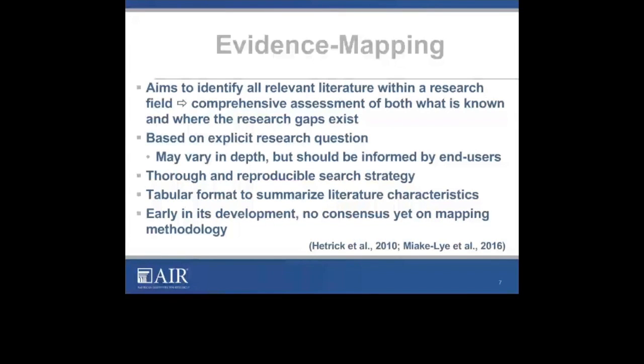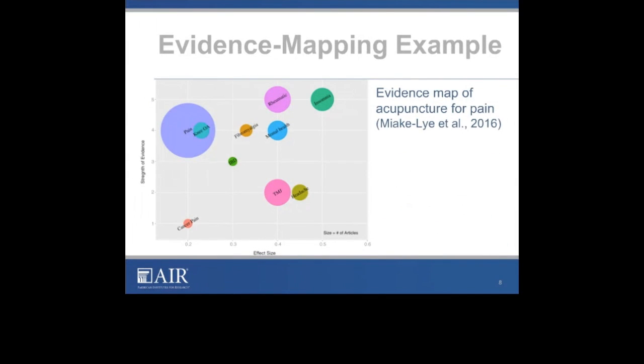It just puts out there what does exist and where the gaps are. Important to understand, this concept is very early in its development. There is no consensus about review methodologies yet, on how exactly this is going to go on further, what exactly constitutes evidence mapping methodology. I will show you an example.